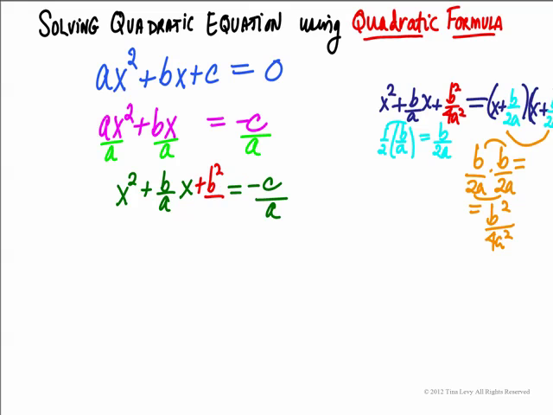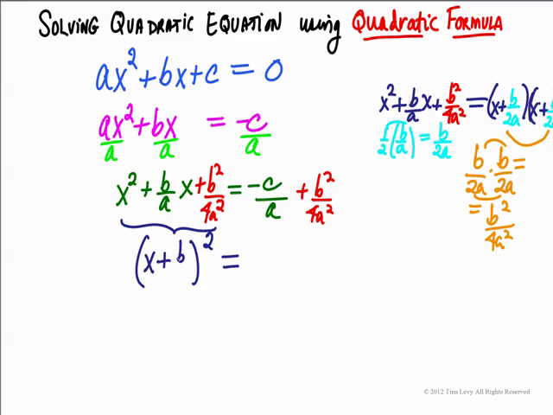That's what I put here, b squared over 4a squared plus b squared over 4a squared. We now have to add the same to both sides. The whole purpose of doing that is to write this as a quantity squared. And we know from here that that's x plus half of b over a, which is b over 2a.